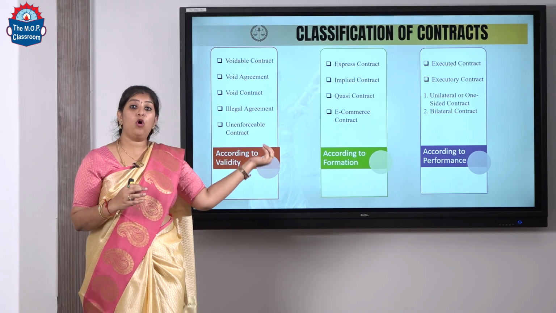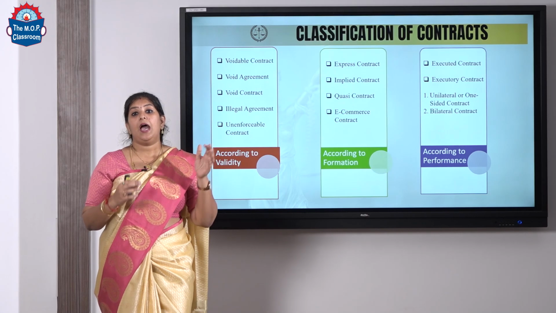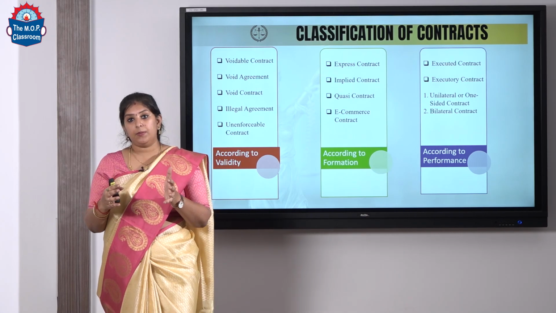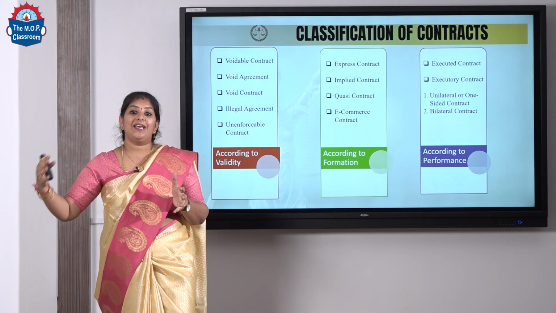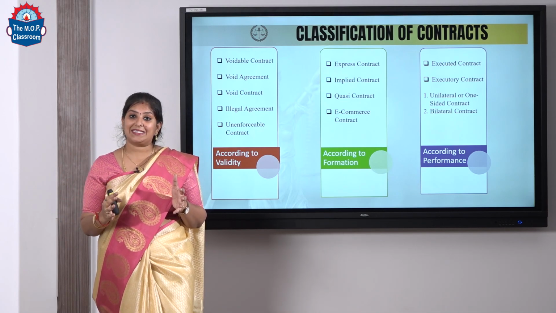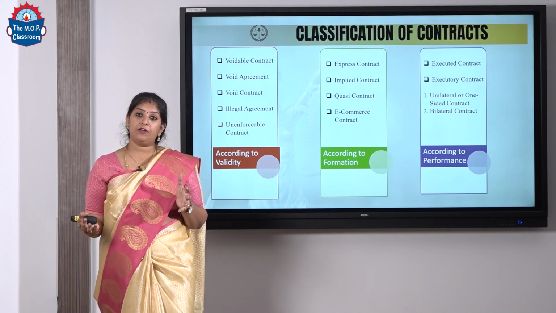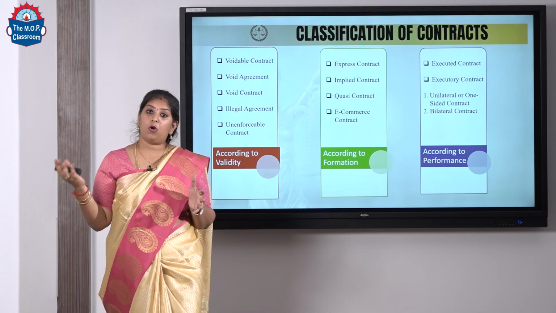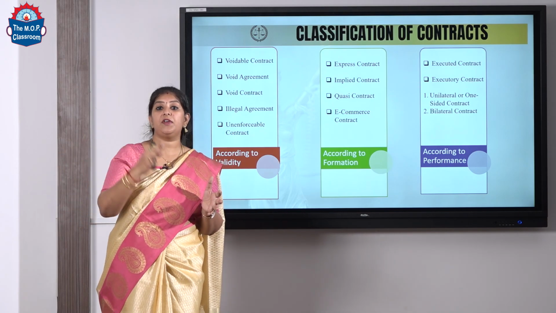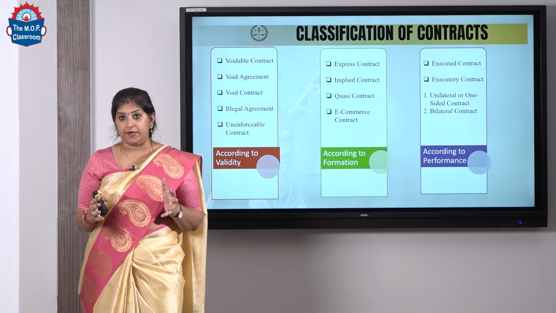And then we move on to the voidable contract, wherein an agreement is treated as legally enforceable from one party's side, whereas the other party has given his acceptance or consent to that contract only because of undue influence, misrepresentation, threatening, coercion and all that. So, because of that, if he has given consent, then it will be treated as a voidable contract.